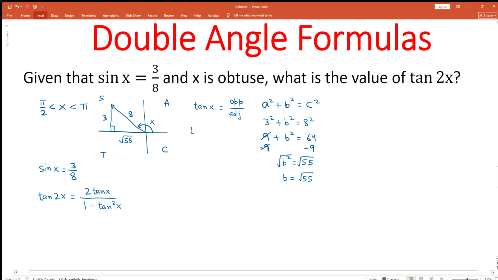Therefore, tan x is equal to negative 3 over square root 55. We can use this value of tan x to find the value of tan 2x. We can replace tan x with negative 3 over square root 55.